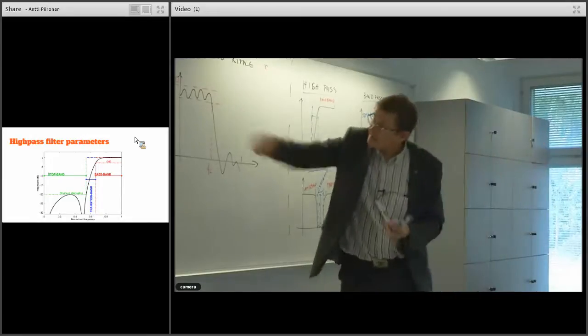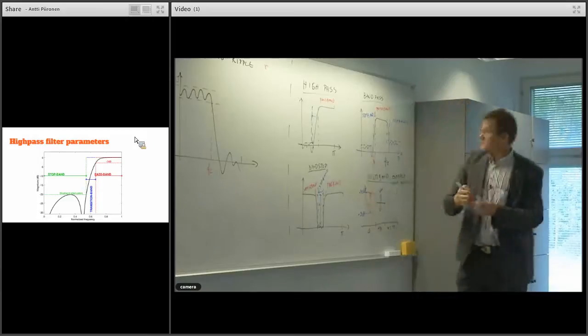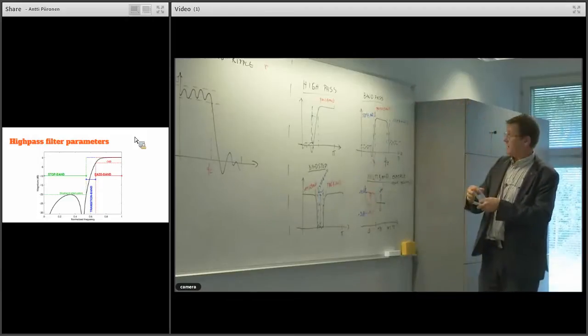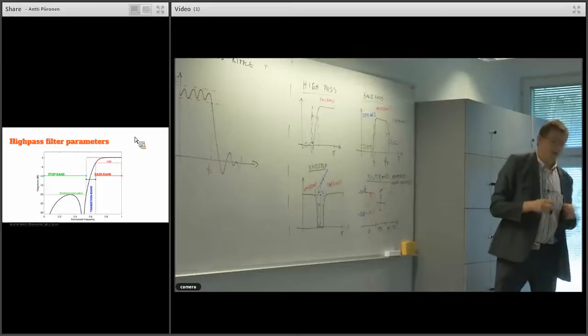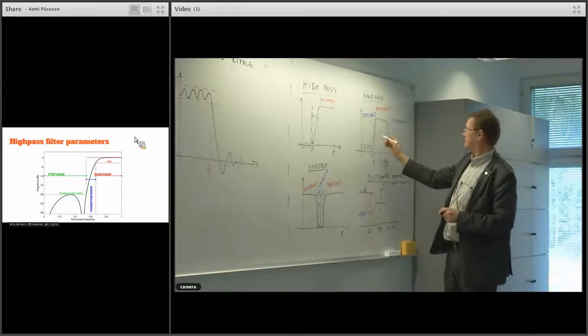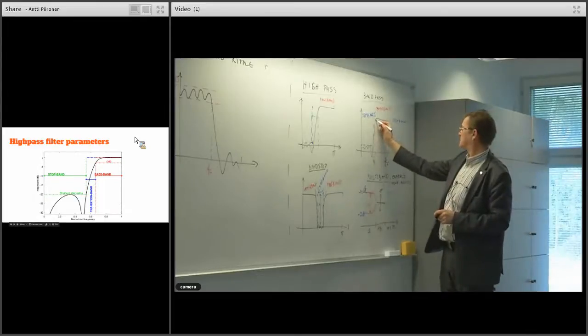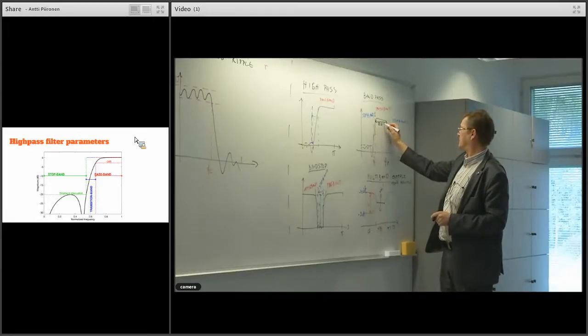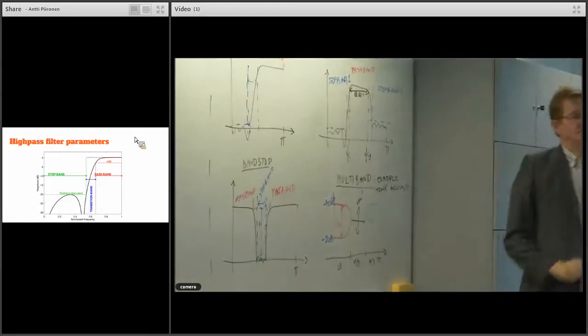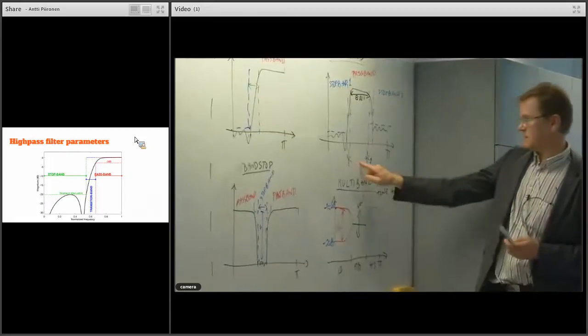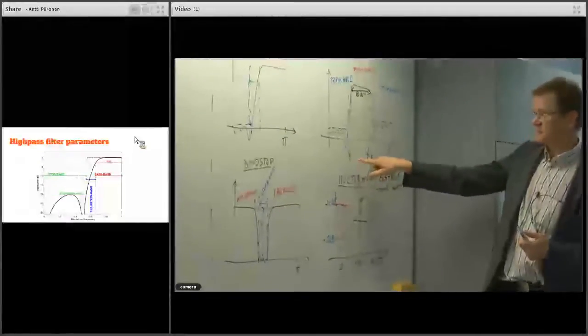Then I need to point out something here. Whatever the filter is, the bandwidth is always this one here. That's the bandwidth. So whatever is between the cutoff frequencies.